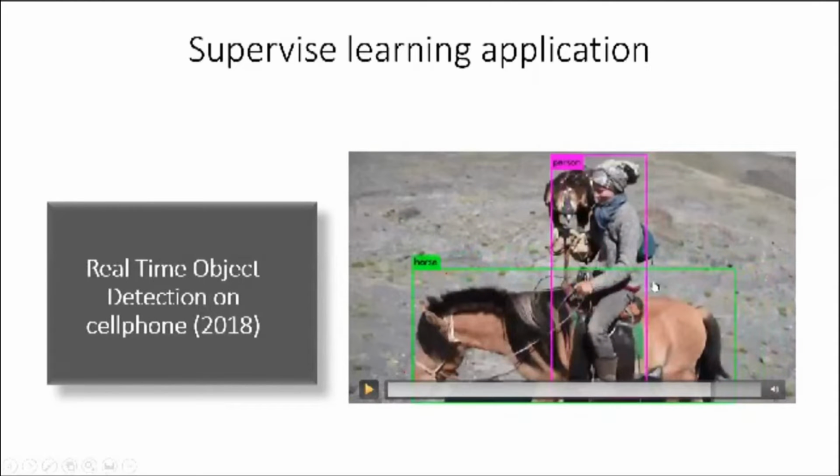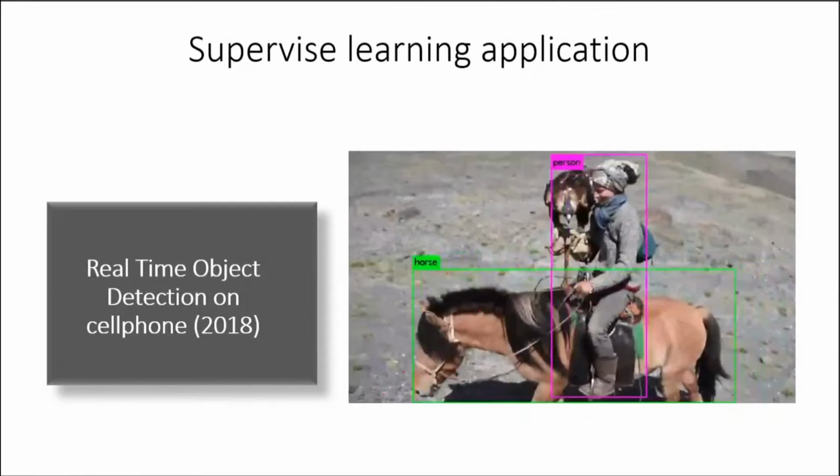This application is available on the Internet through Google. You can just download and install it, and it works because YOLO has learned from millions of images. It is able to detect the object here, and later name the object. In this case, it detects the object first.